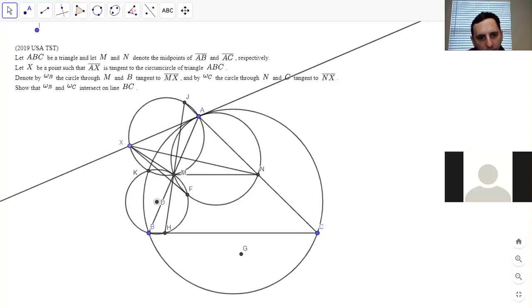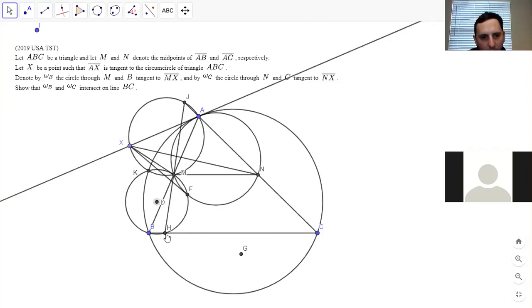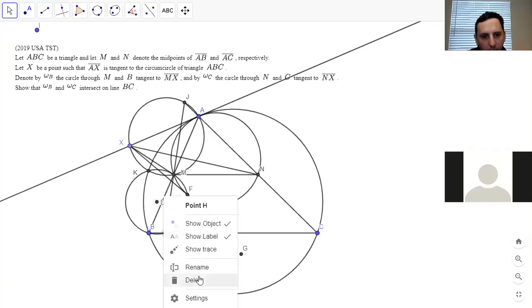Actually, I think we just want to prove that BFM is tangent. So we don't need H, right?